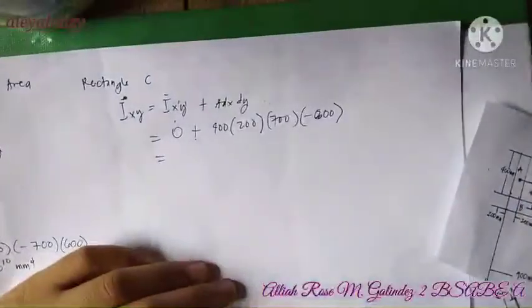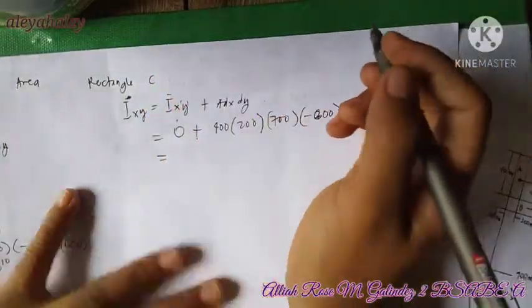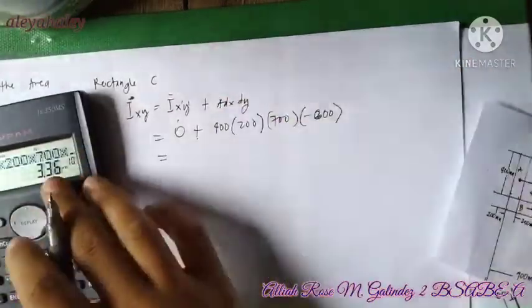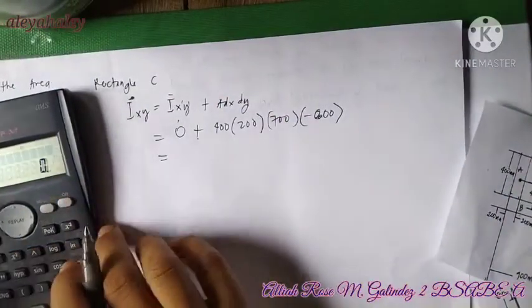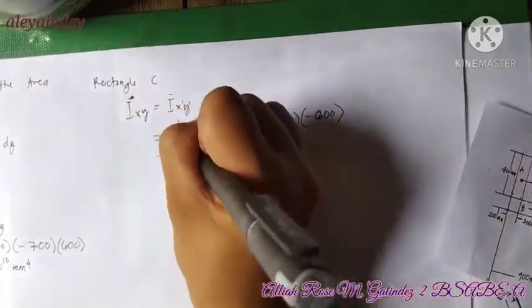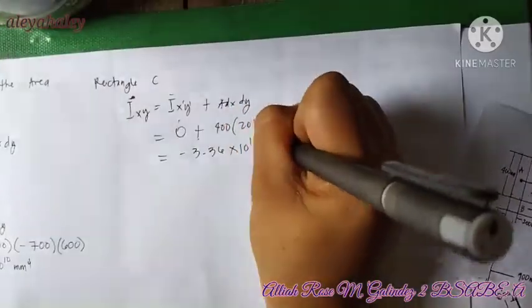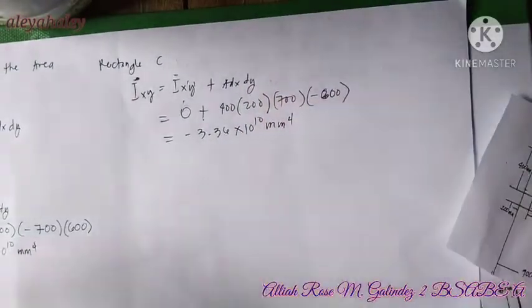So this is negative 3.36 times 10 raised to the power of 10 millimeter to the fourth.